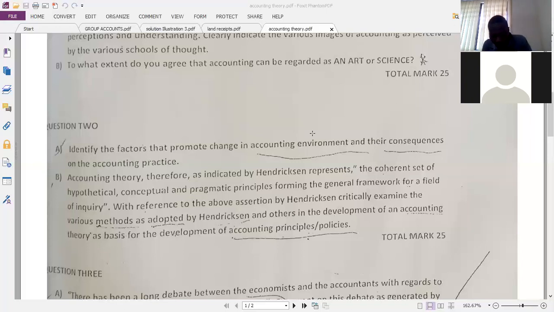They also believe the environment is ideal. So whilst the descriptive theory people believe the environment is a changing one, the normative people believe the environment is not a changing environment. The environment is an ideal environment. In fact, the environment is a stable environment. What you see in 2018, you see the same thing in 2020.